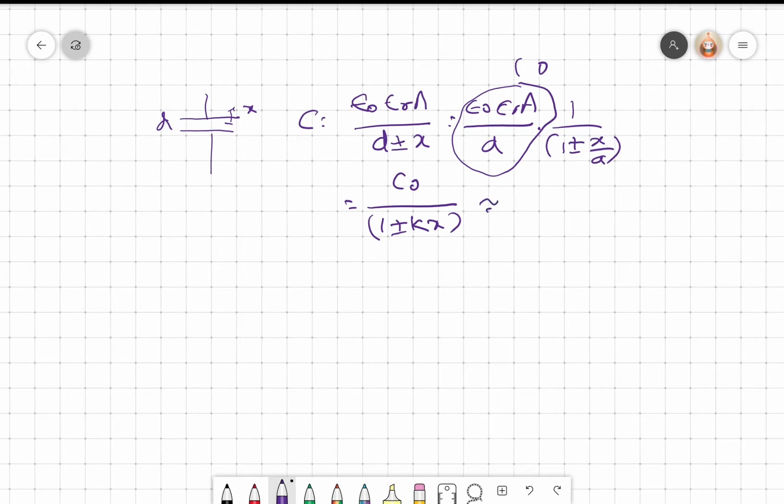This can be written as C naught into 1 minus or plus kx if k is much less than 1. Normally we do that anyway. So one of the very famous capacitive sensors I have already taught you is the electret microphone or condenser microphone.